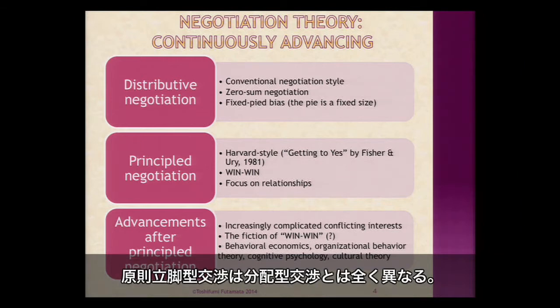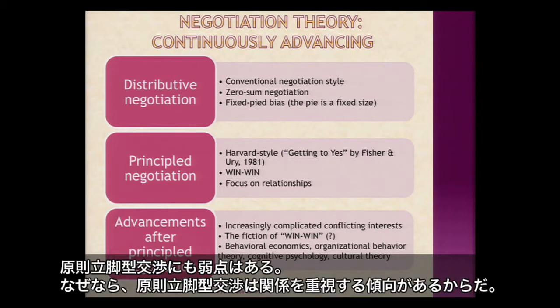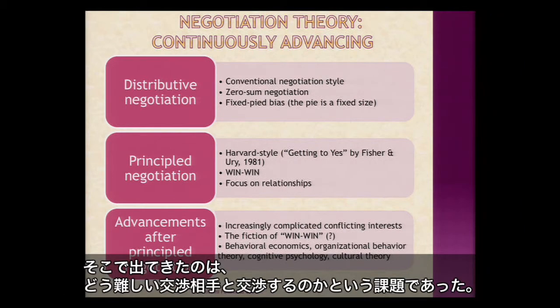It is totally different from distributive negotiations. The principled negotiation has a certain weakness because it sometimes overemphasizes relationship. So a new challenge is how to negotiate with difficult people.